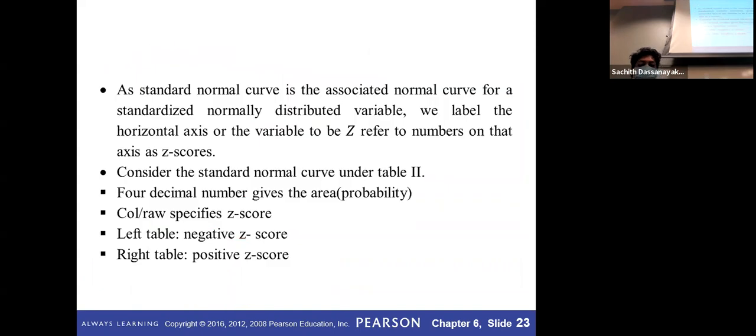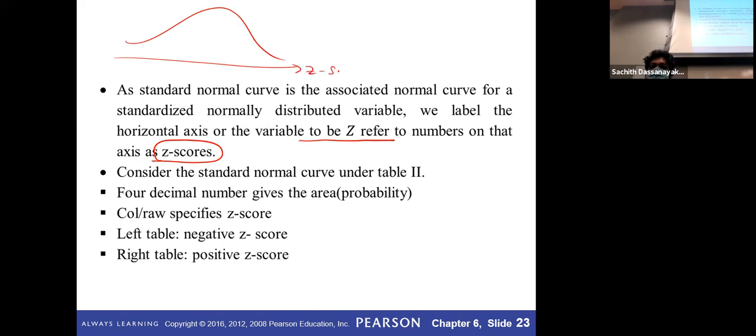The variable is referred to as Z, so this axis is the Z axis, and values on this axis we call Z scores. A Z score is just a numerical value, negative or positive.